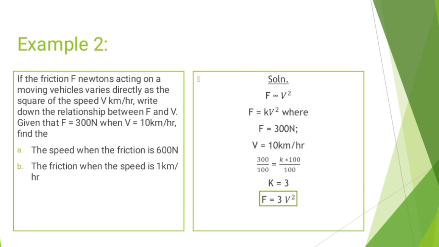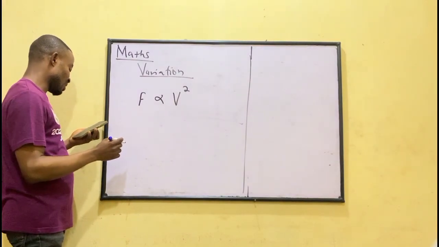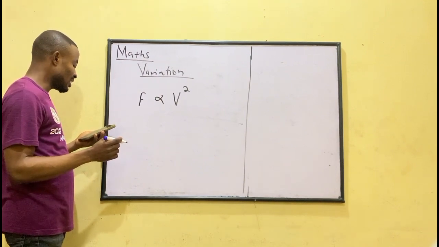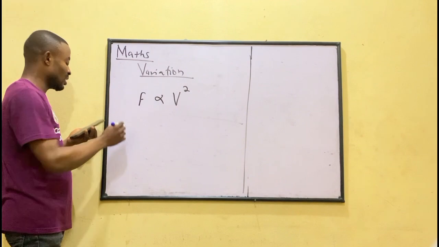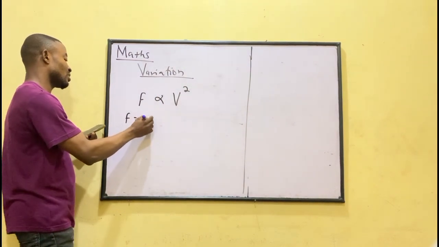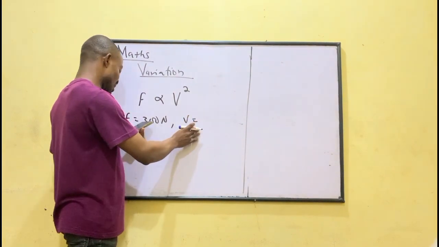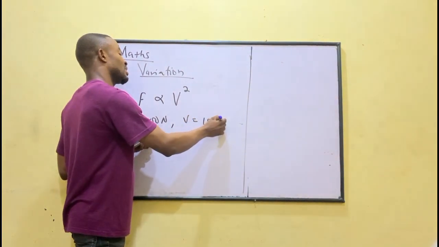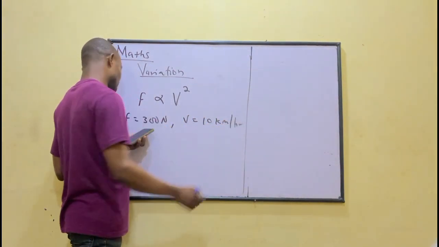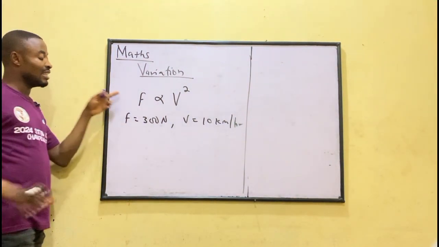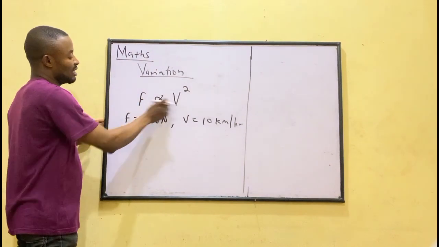Write down the relationship between F and V. Of course, given that F is equal to 300 Newton, then V is equal to 10 km/h. Okay, so let's first of all get the relationship between F and V.